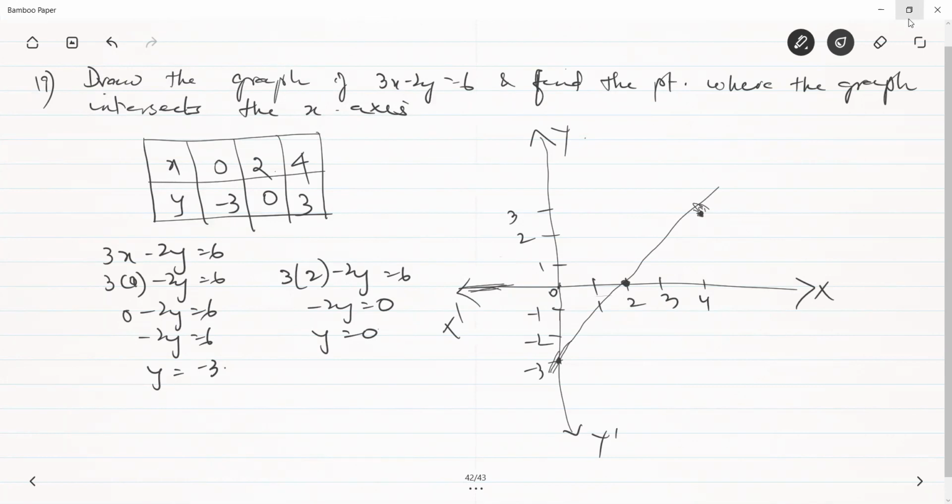So what will the coordinate be? The coordinate will be 2, 0. Okay, understood. That's all. Okay guys, thank you.